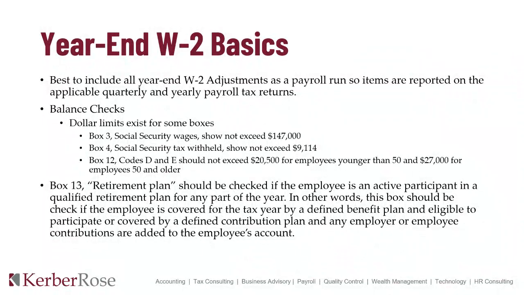So that retirement plan box tells a tax preparer whether they were offered to contribute to a retirement plan, which limits some IRA contributions. If they're eligible and they choose not to, it still was offered. So we should be marking that because they were eligible for it.